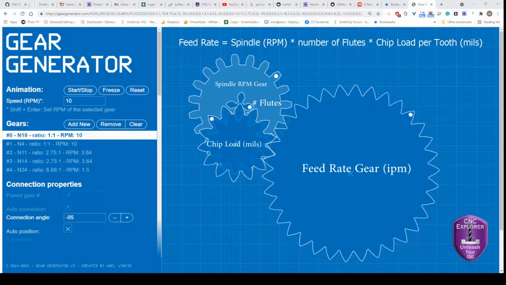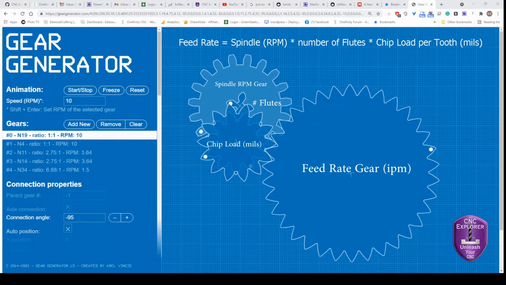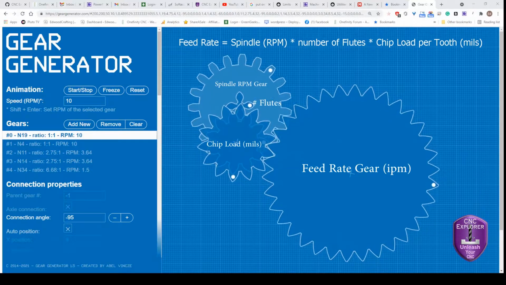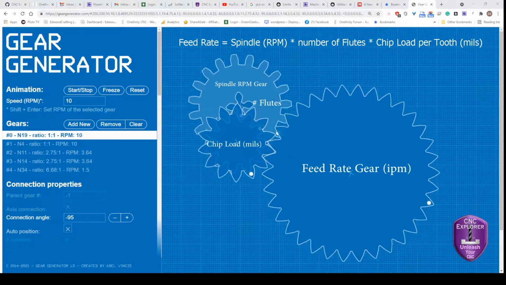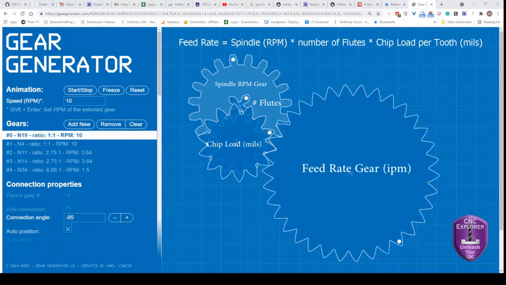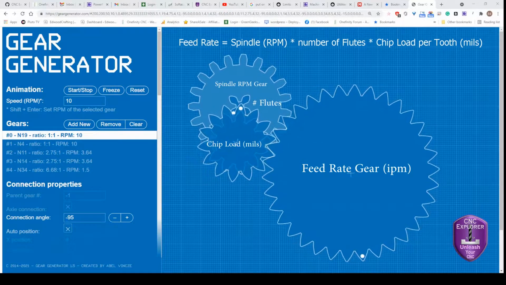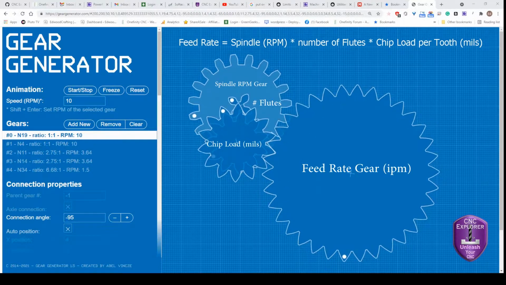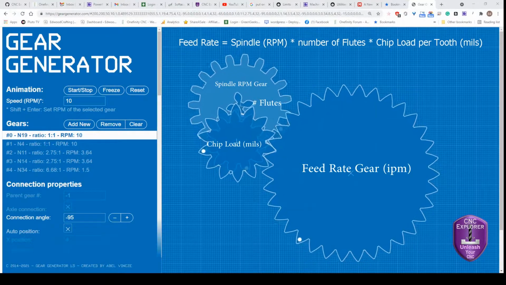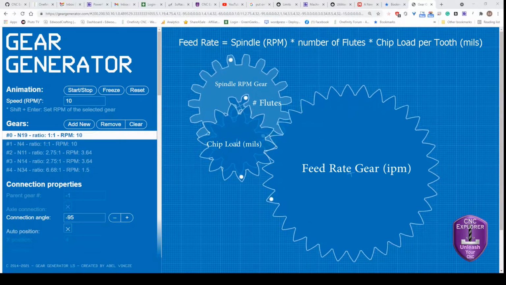So let's go quickly through this representation of a chip load, feed and speed calculation. The highlighted gear represents the spindle, and the units don't really matter, but we're turning at 10 RPMs. It's a fixed rate.